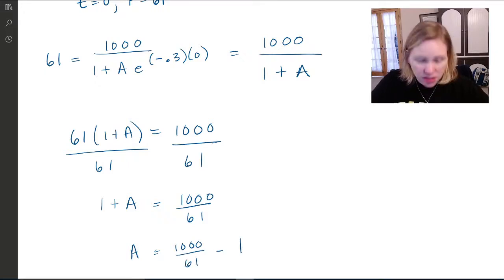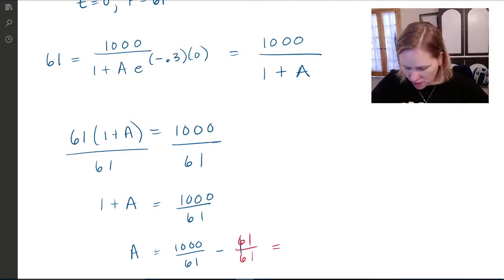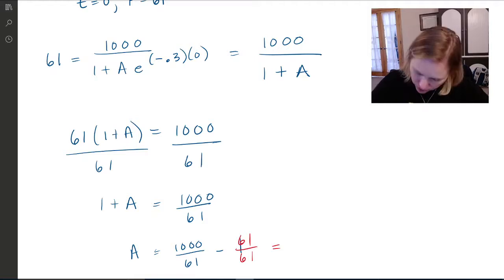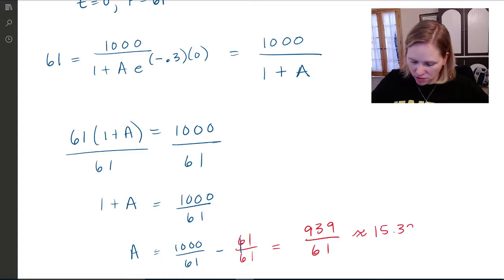Now I'm going to change this to 61 over 61. All right, 1,000 minus 61 is what? Oh gosh, mental math. 939. If I had a calculator, my notes from previous times say that this is approximately 15.393. That's fine. You can use a rounded answer.